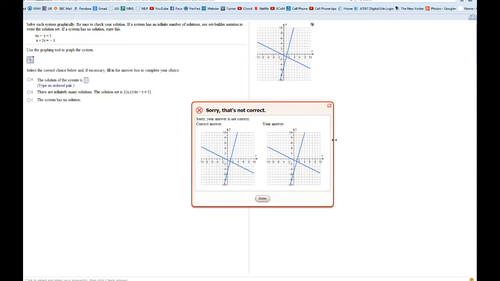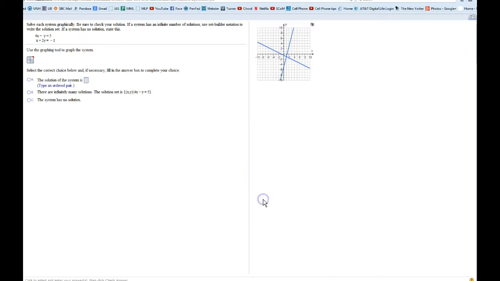And you'll notice, again, my point is correct. This line was off a little bit. Again, I probably should have had it on a better spot here, but that's okay. I had the right point. So these are a little tough to do here.